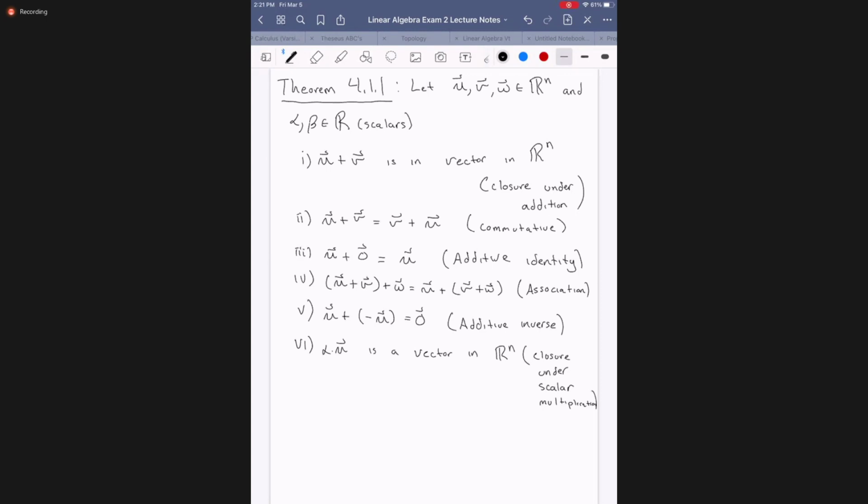So now we also have the distributive property for these.